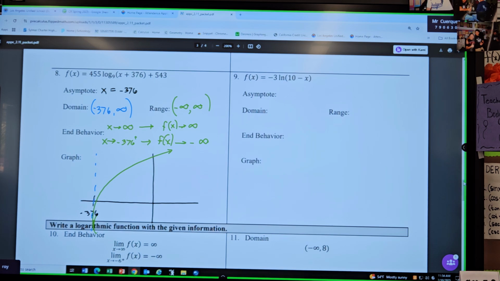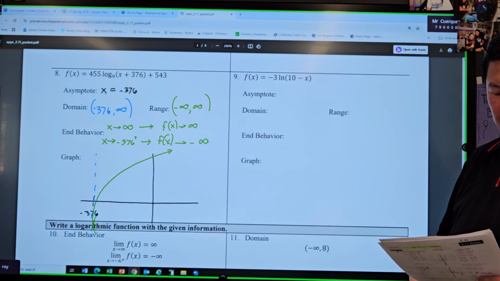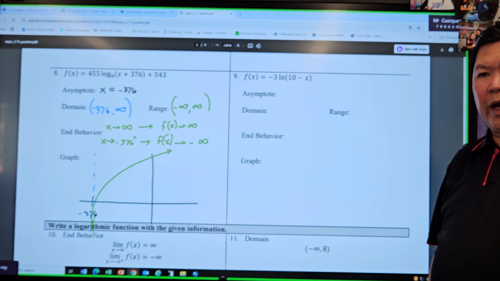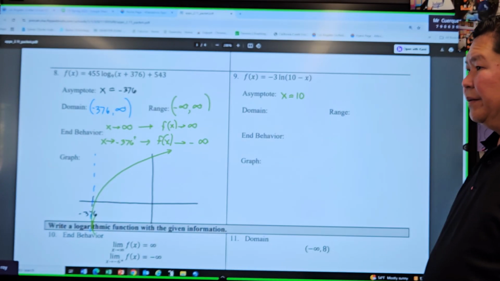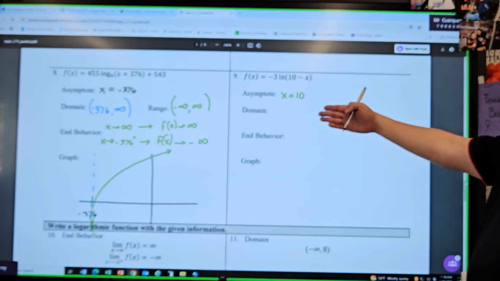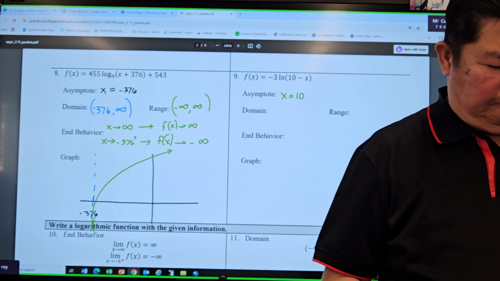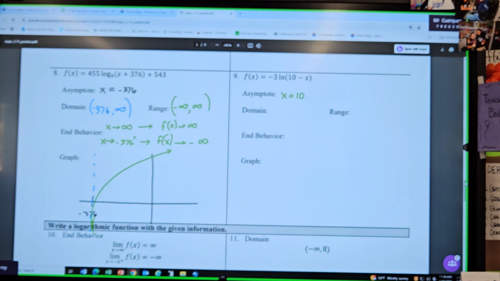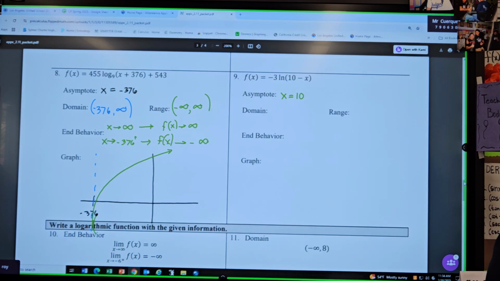So moving on to number 9. What is the asymptote? x equals 10. Okay? So can you continue doing the domain, range, and behavior and sketch the graph? Who has the domain now?